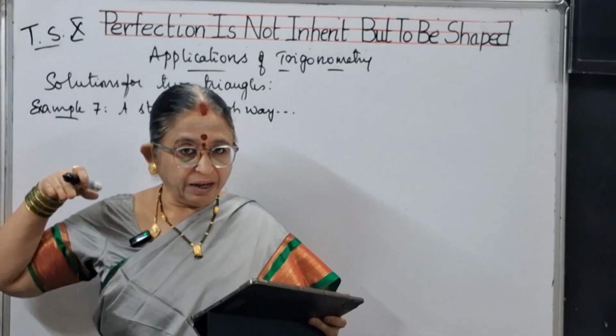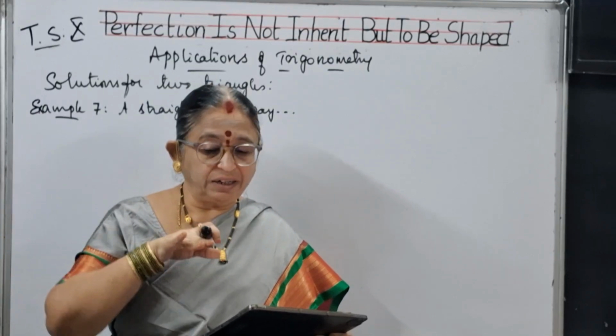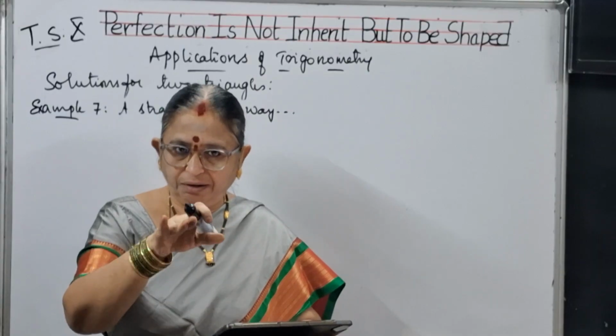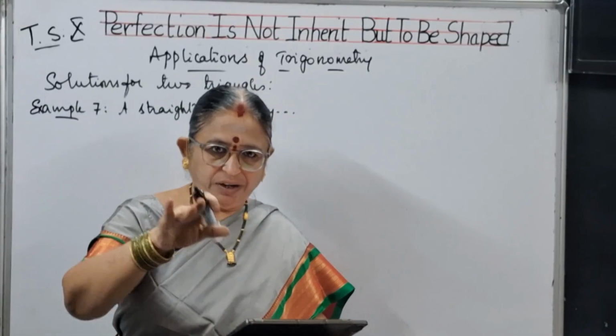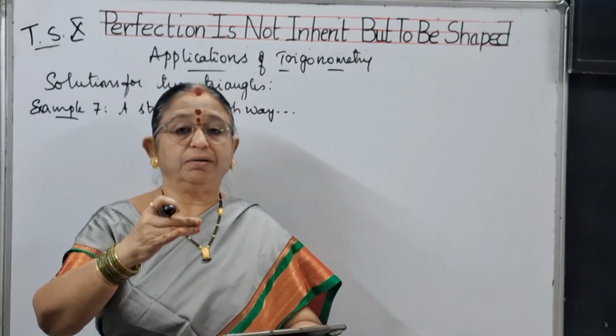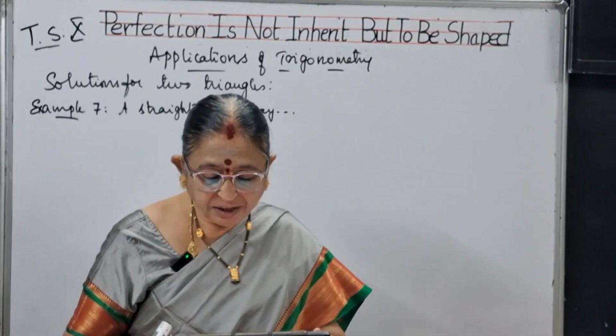Means the highway road goes to the foot. Through the foot means near it, it goes straight away. So the foot of a tower will be in line with that straight highway.